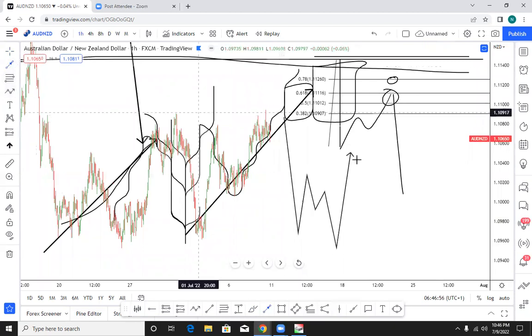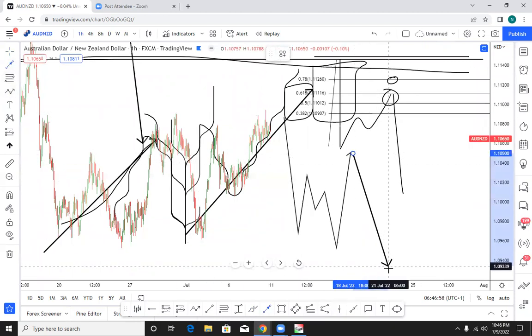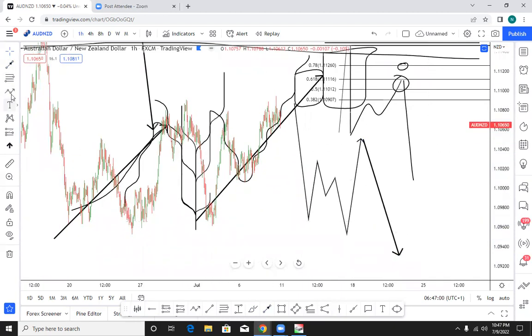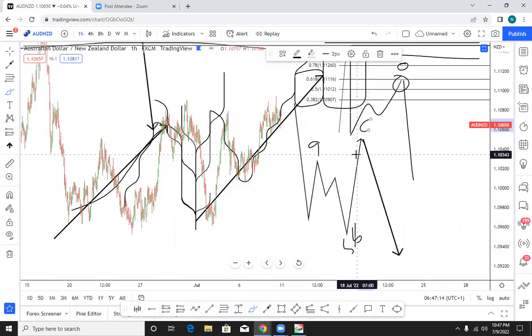And after the expanding flat is done, you have this move to the downside. So this three-wave structure, which we call ABC, A here, B here, and C here, is what we call expanding flat. Is that okay now? So what of zigzag? Zigzag is like this.